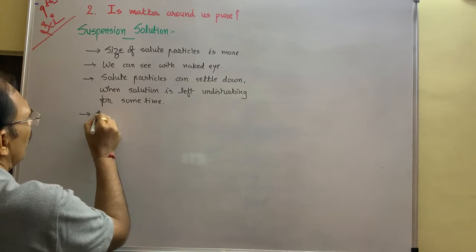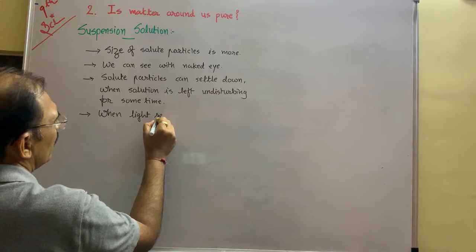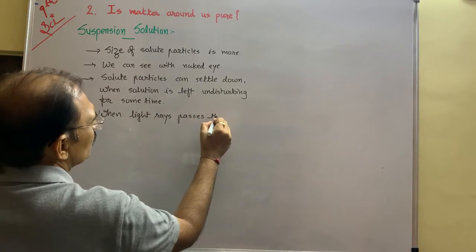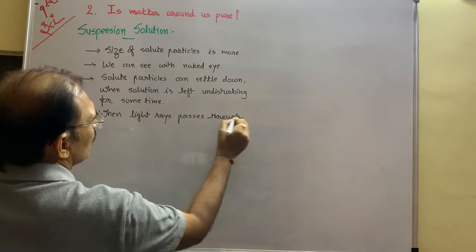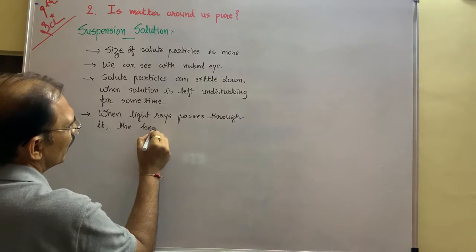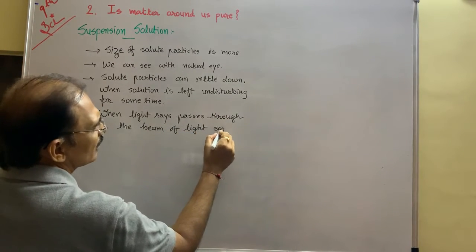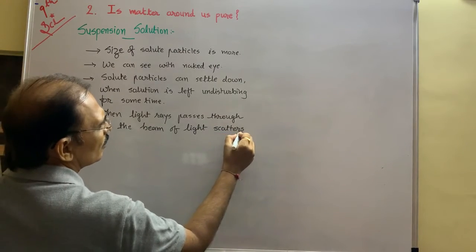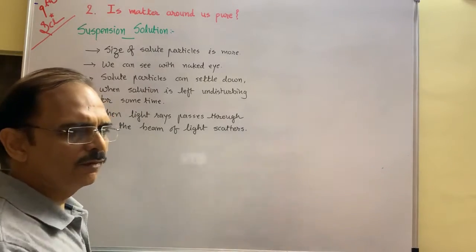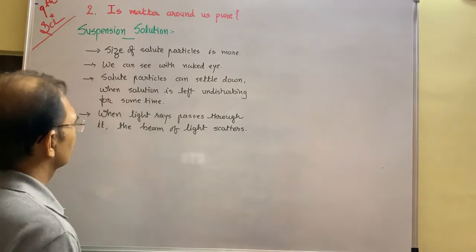Okay, when light rays pass through it, then the beam of light scatters, because the light ray is incident on the solute particle and gets reflected. That means we say that the light ray scatters.